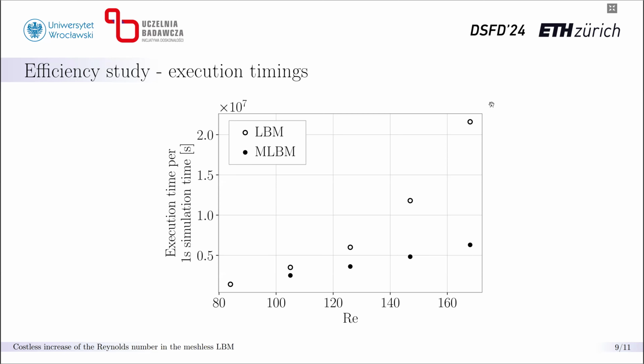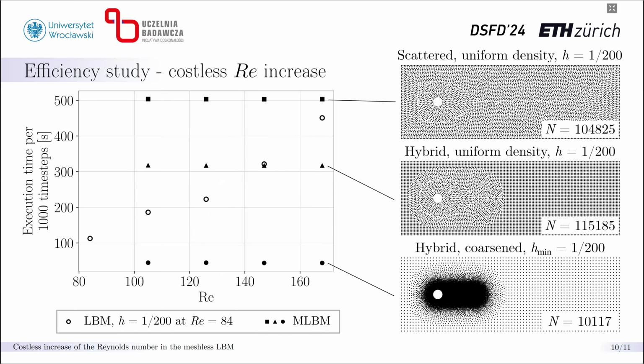So finally, let me go to why meshless LBM performs faster than standard LBM. To address this question, we'll consider the CPU time needed to perform 1,000 iterations, regardless of the time step length. We'll compare the LBM solution with the reference setup for the lowest Reynolds number and solutions obtained for higher Reynolds numbers via scaling of the domain with 3 meshless LBM scenarios.